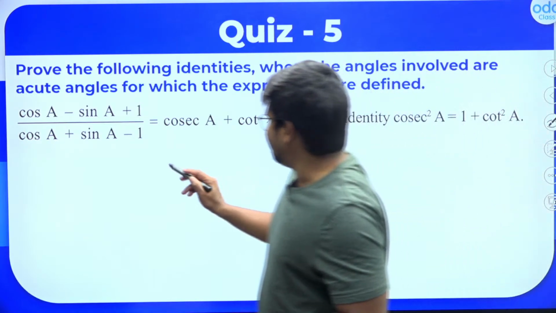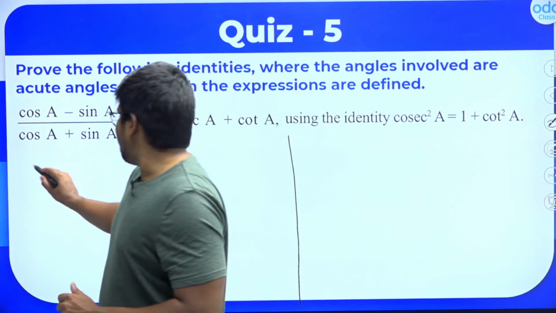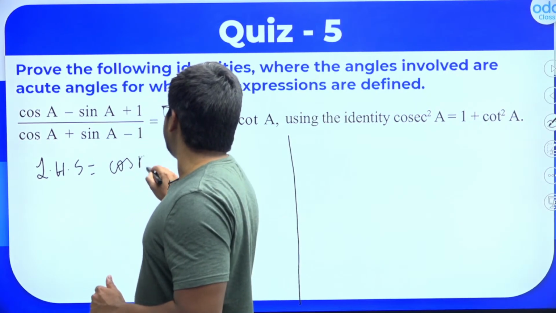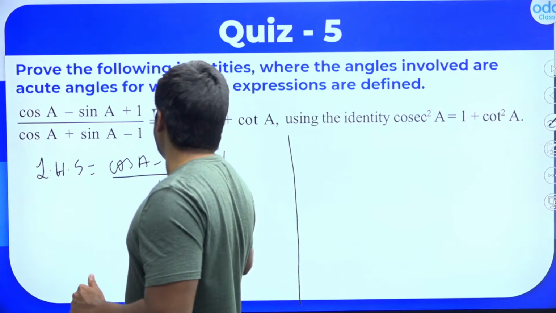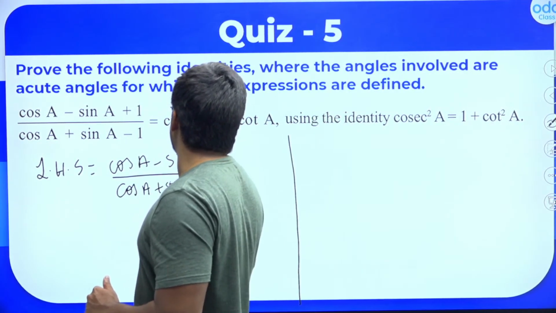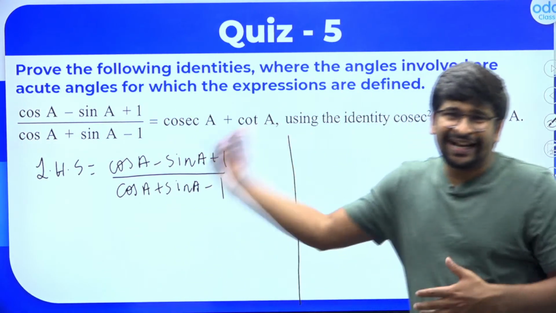So, what is there in the LHS? In the LHS we have cos A minus sin A plus 1 whole divided by cos A plus sin A minus 1. And let's observe the right hand side.